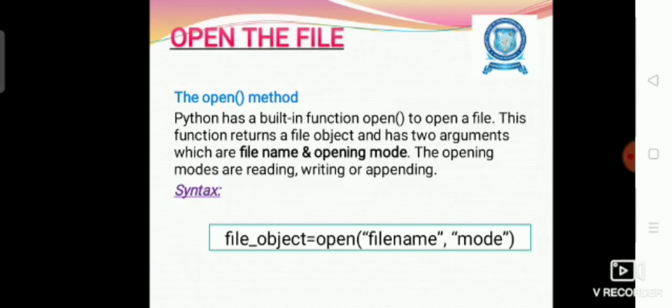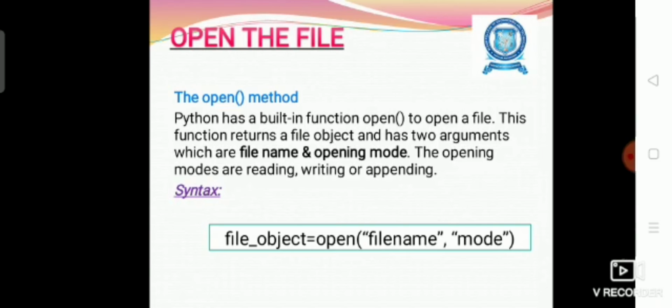On the right hand side, we are opening the file with the open method and we are assigning the return value to the left hand side file object. Here the left hand side file object is the object we are creating for this particular file. Simply we can say we are creating a variable.